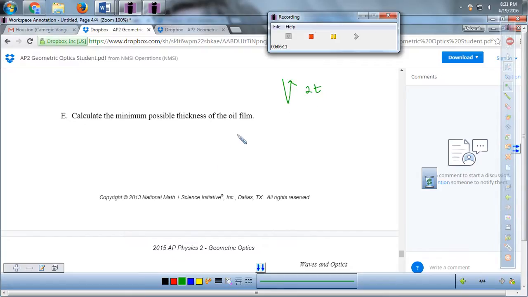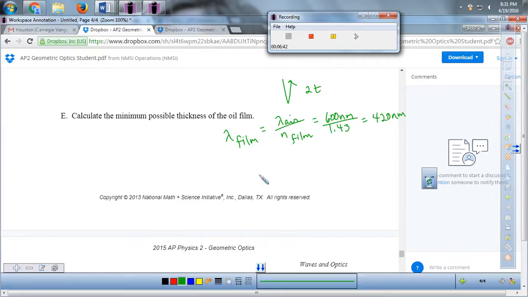And so I said that the wavelength of light in the film was equal to the wavelength in the air divided by the index of refraction for the film. So the wavelength of our light in air was 600 nanometers. Our index of refraction for our oil is 1.43. So when I divided those, I got 420 nanometers.